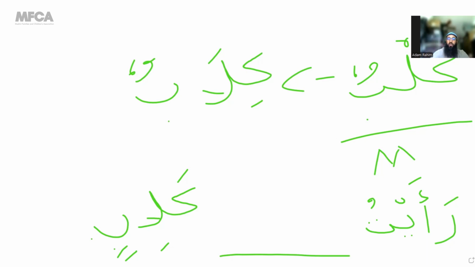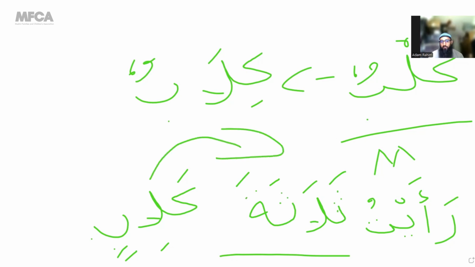So let's put 3 here for you. رأيت ثلاثة كلاب. I saw 3 dogs. So this number, kilab, it's a masculine word. So we said that the number has to go against it, right? So it's going to be a feminine word. Okay, very good.